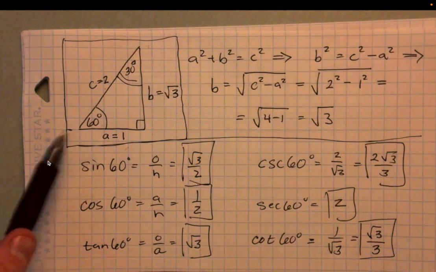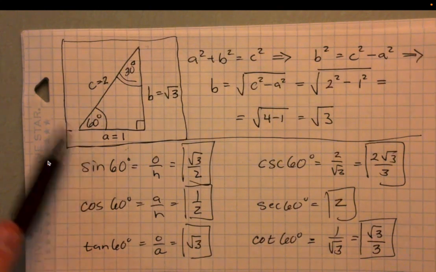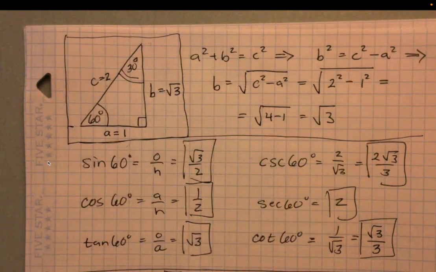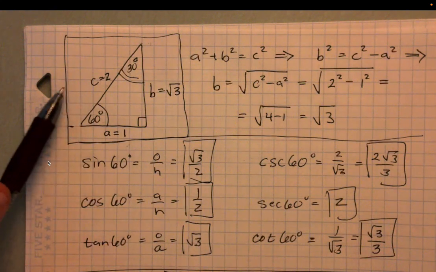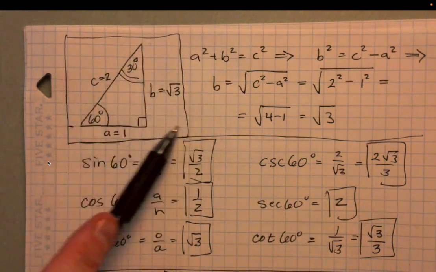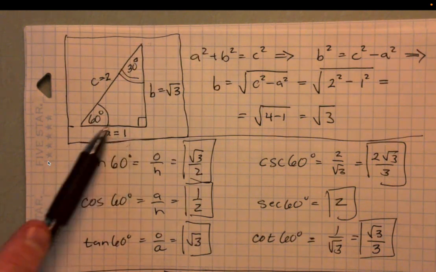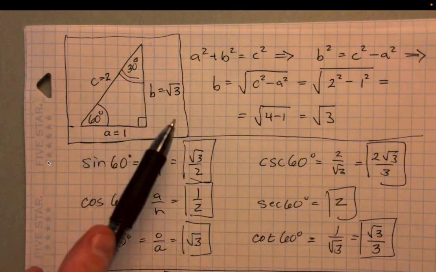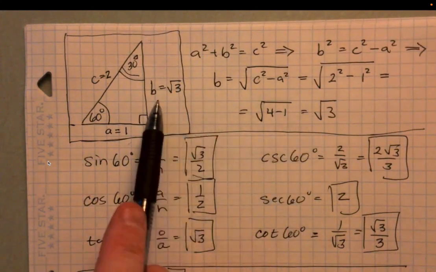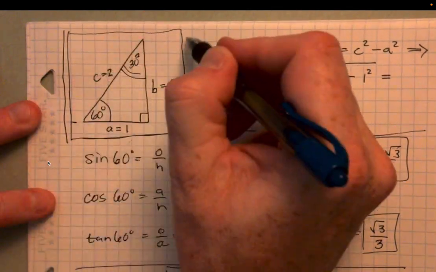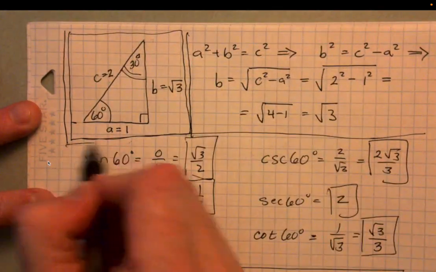The quote-unquote hard part of this argument is just figuring out what the lengths of the sides of the triangle should be, right? And so what we did was we set c equal to 2, and then we used an argument from the equilateral triangle to figure out that a is equal to 1. So if c is 2, a is 1, and then using Pythagoras, we determined that b is equal to the square root of 3.